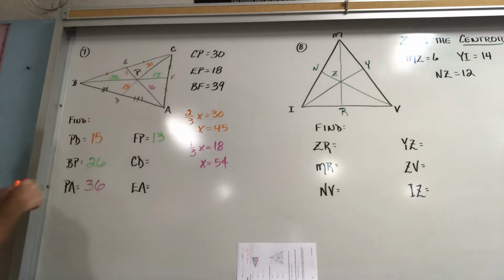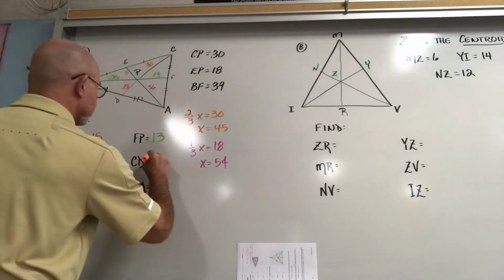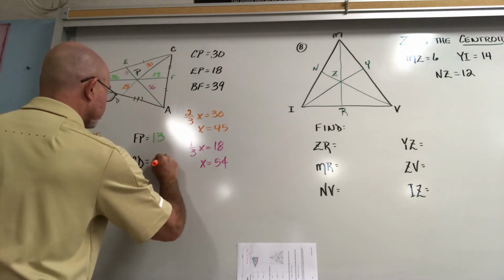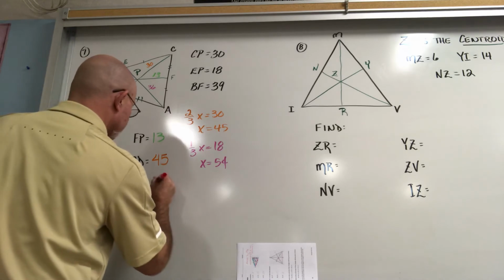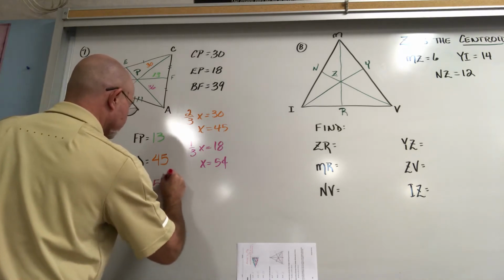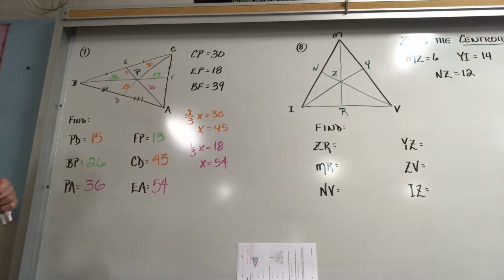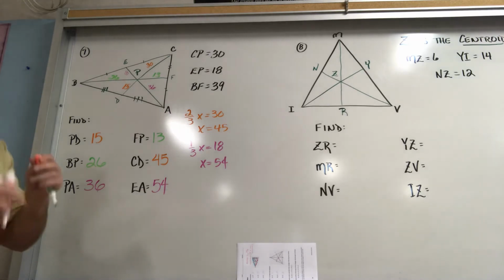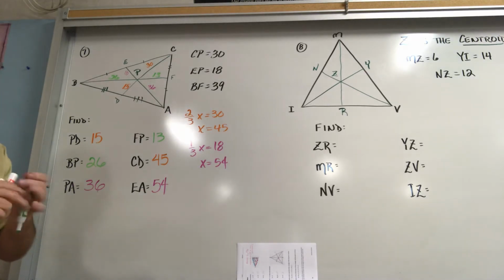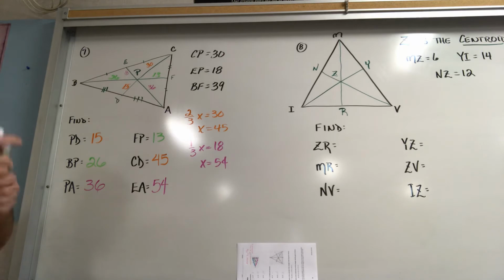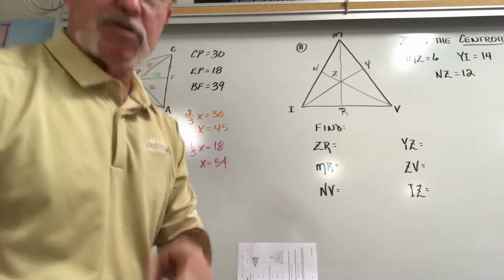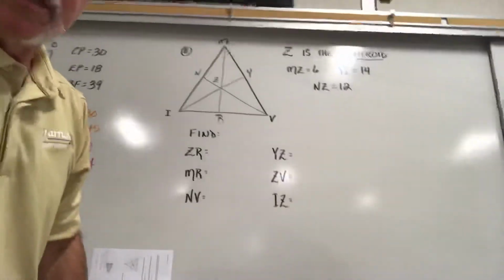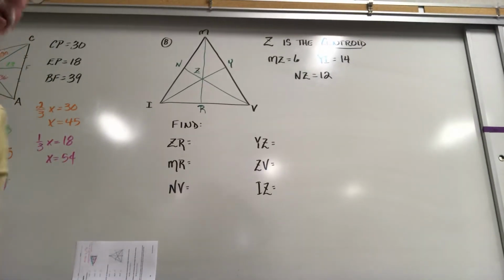CD, the entire length. And EA, the entire length right there. That's how you attack medians and the length of medians. Remember, medians don't say anything about angles. They talk about lengths of segments.